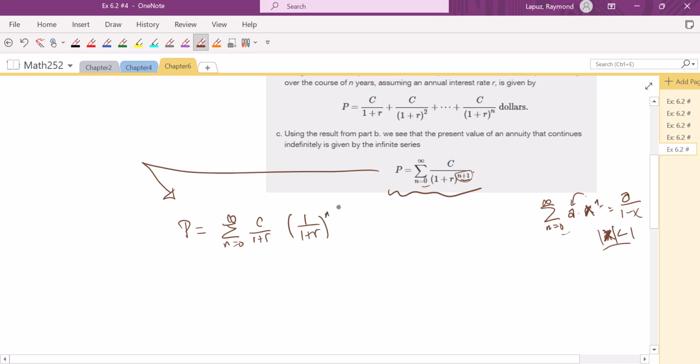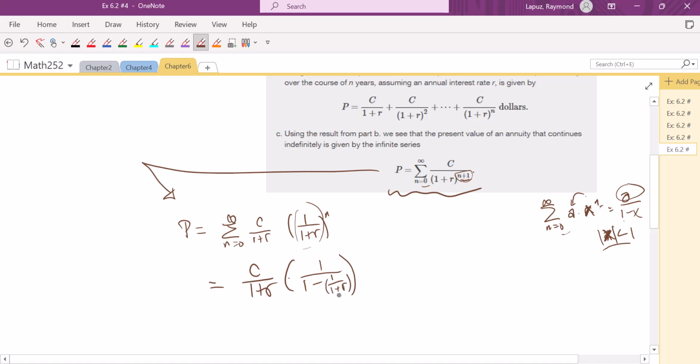And so now we have our A value divided by 1 minus x. So according to our formula, this should equal A, and this is our whole A value, that's C over 1 plus R, divided by 1 minus x, and this whole thing is your x. So this is 1 over 1 plus R.